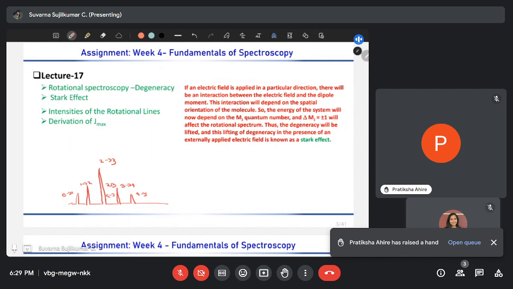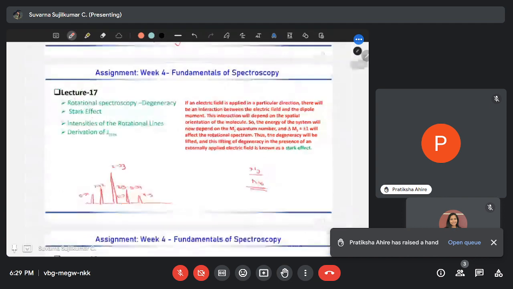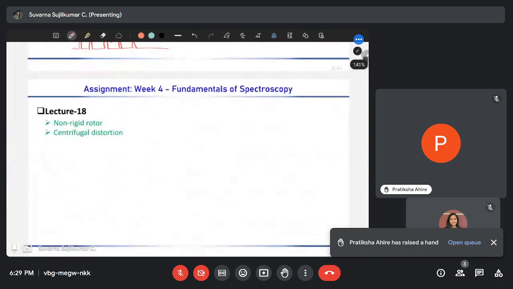We then derived the expression of J max from our Nj by N0 value. I hope you can do that. That is in the video itself, where sir has discussed that.